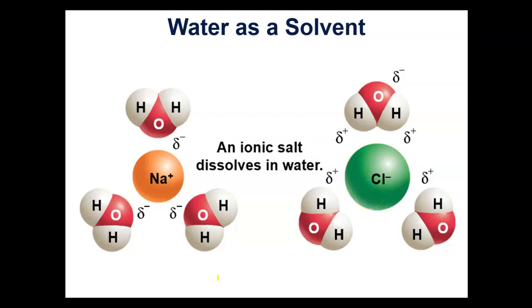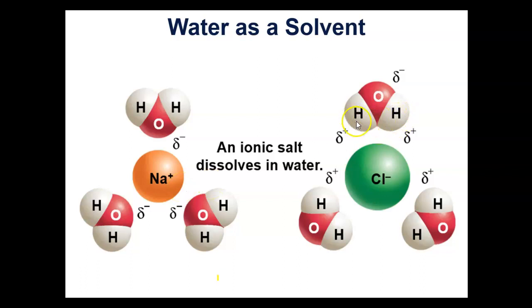So the way that the water splits the sodium chloride compound up into its ions, sodium and chloride ions, is that the slightly negatively charged end of the water molecule, the oxygen end, will surround the sodium ion because the negative and positive charges are attracted to each other.